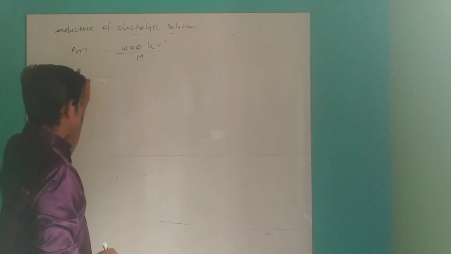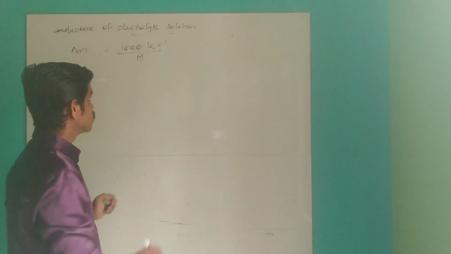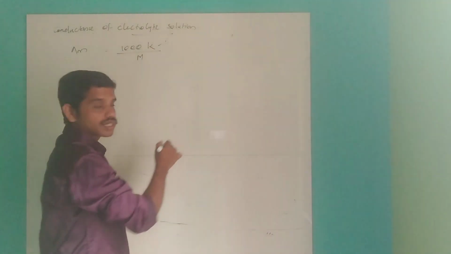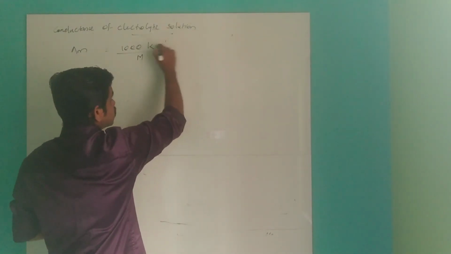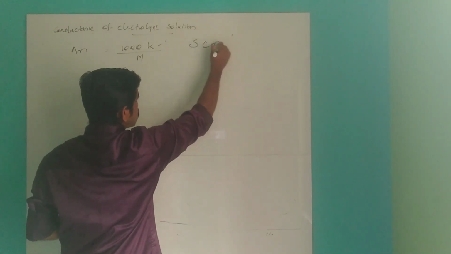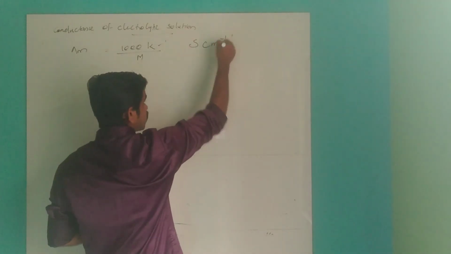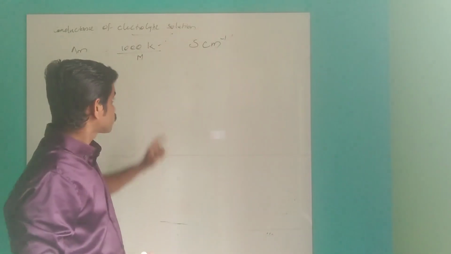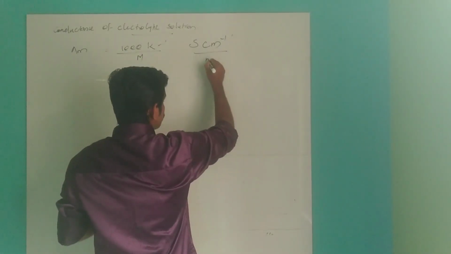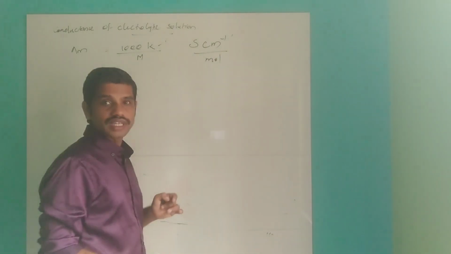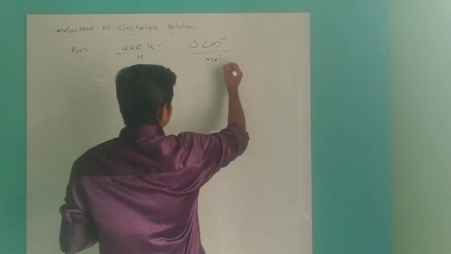What is the unit of lambda m? Conductivity we studied in Siemens centimeter raised to minus 1. Molarity means mole per liter, or mole centimeter raised to minus 3.